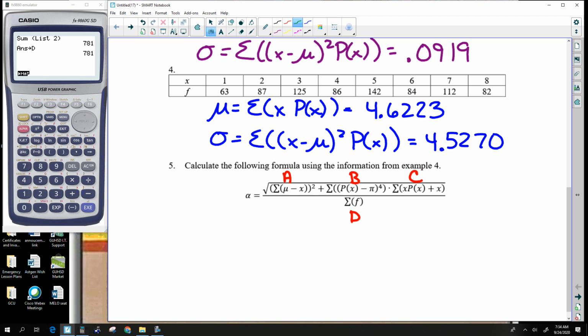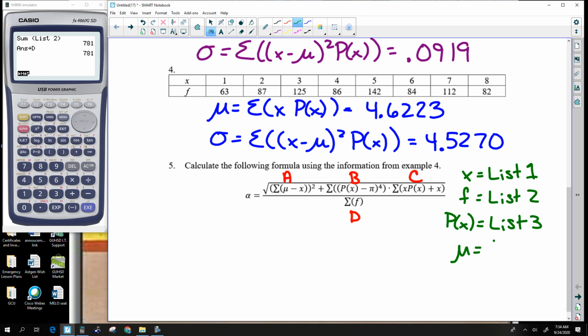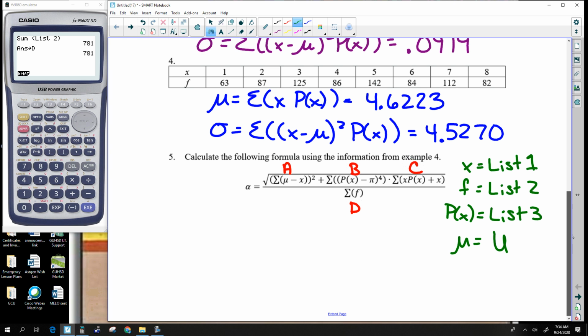Okay, so it's again worthwhile to understand what you have stored in your calculator. So X was list 1, F was list 2, P of X is list 3, and our mu is U. All right, so replacing what we have with some calculator speak.